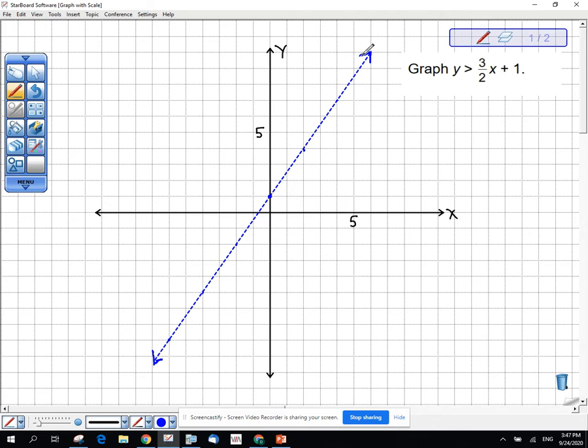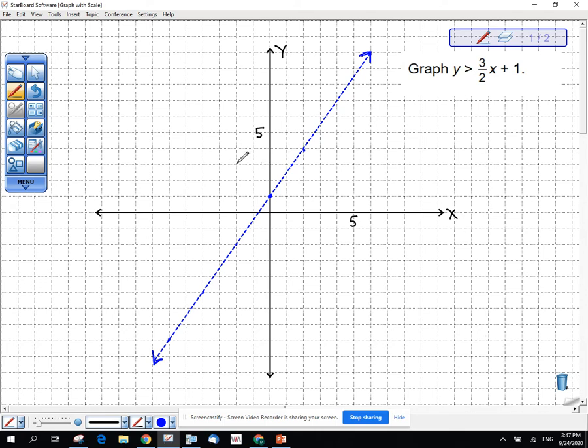Now, think about this. With the inequality being the way that it is, either all of these things over here are solutions to this inequality, or all of these things over here are solutions. Now I have two things for you. Number one, you can always use a test point. You can pick a point that's in one solution set or the other and see if it works.